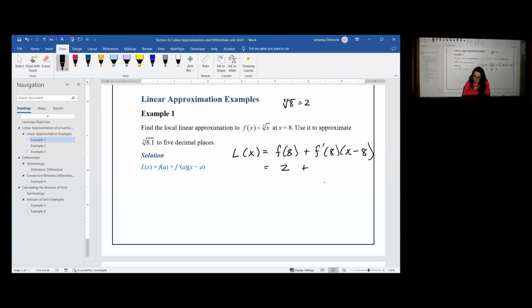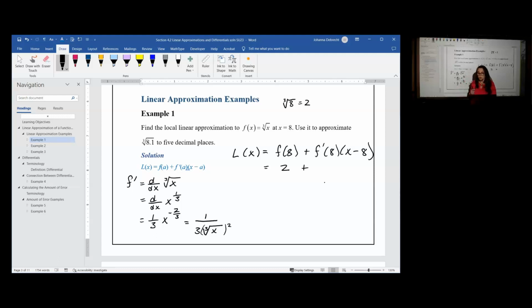To find the derivative, let's take the derivative of the function. The derivative, f prime of x, means to take the derivative of the cube root, but it's hard to take it in that format. So instead, we rewrite it as x to the 1/3 power. Then we can apply the power rule, bring the 1/3 to the front, and subtract 1 from 1/3 to get negative 2/3. This is the same as 1/3 times the cube root of x squared.